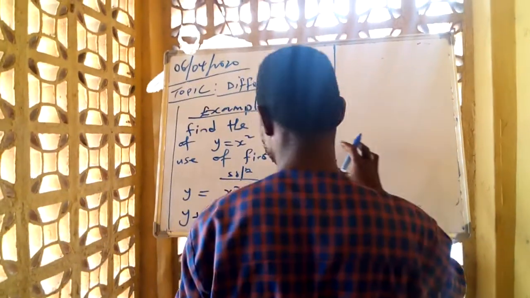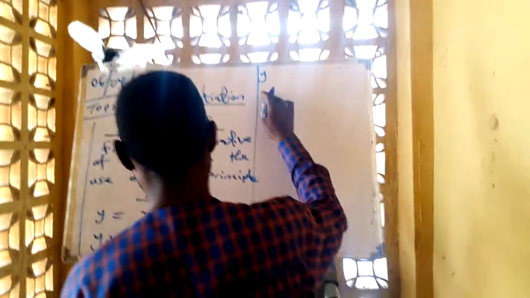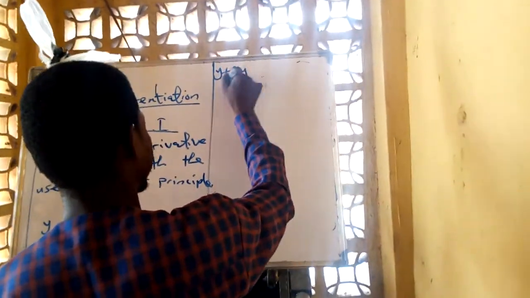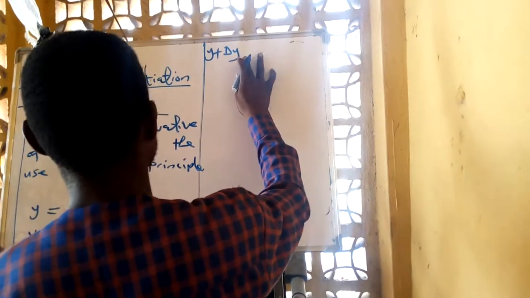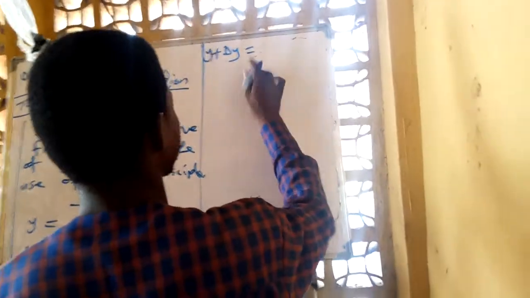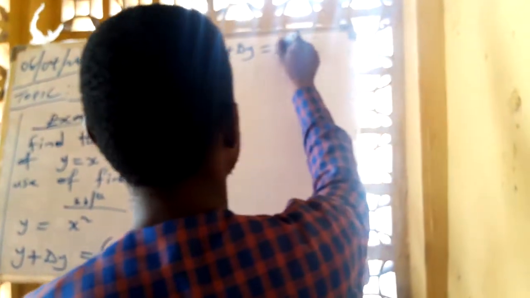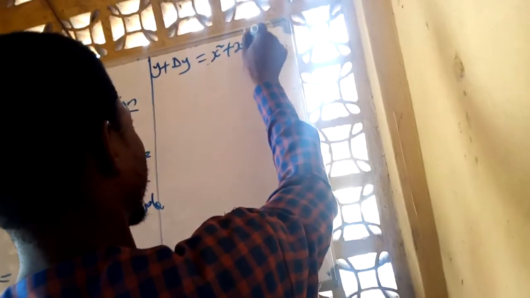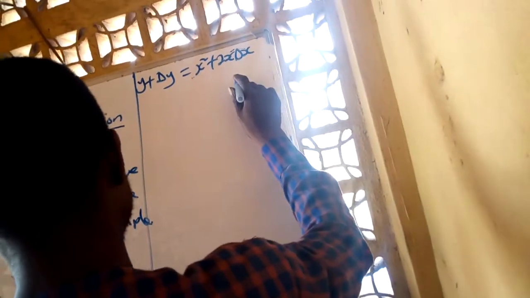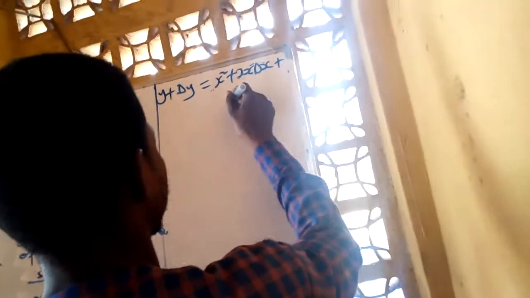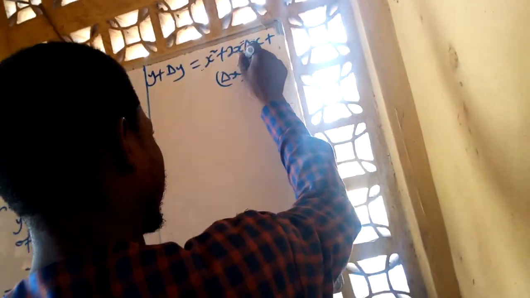So from here we have y plus delta y equal to what? Let's see how we can expand this. When you are expanding this, you have x squared plus 2x delta x, plus (delta x) squared.